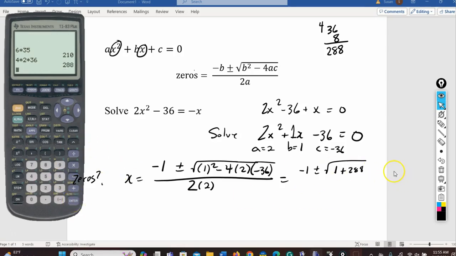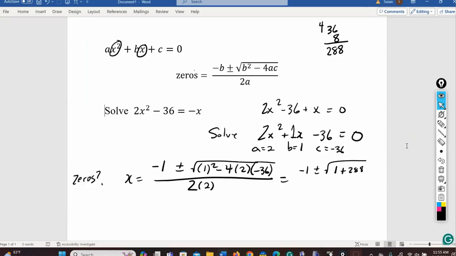So plus 1 is 289. Now, if we're lucky, that's going to be a perfect square. And 2 times 2 is 4. And I think it's 13 squared, but again, you can always check.